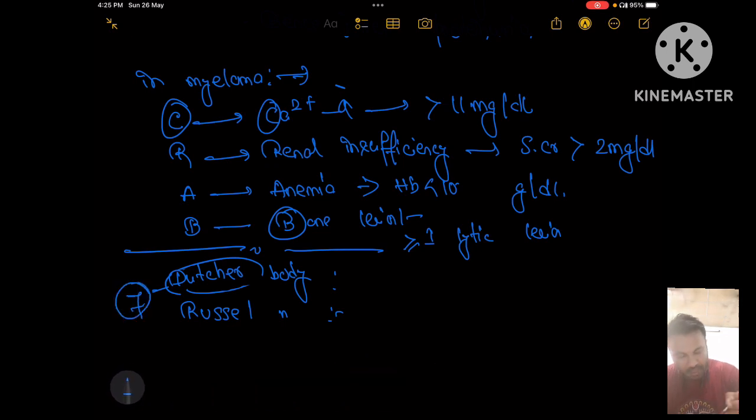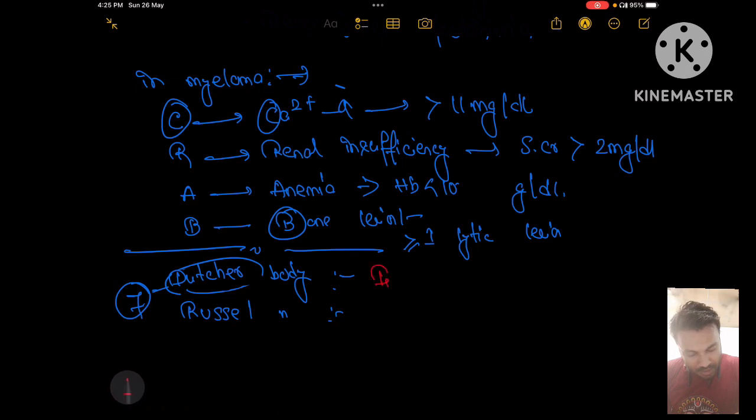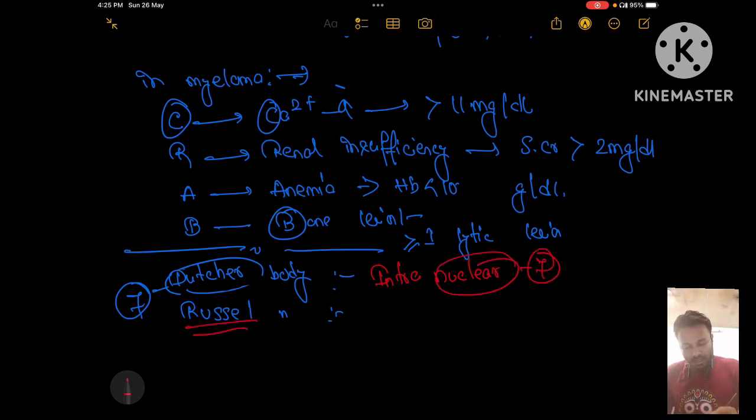Is it intranuclear or intracytoplasmic? Dutcher body is intranuclear, and there are also 7 letters. Russell body is intracytoplasmic.